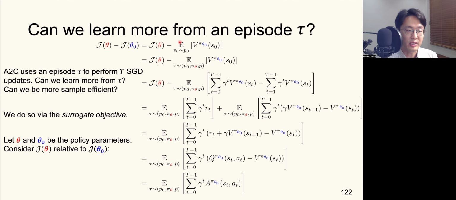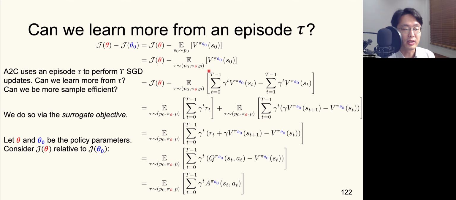Now, let's go back to where this all started. Here we had the expectation with respect to the initial state of V pi theta 0. Here we had pi theta 0, and we had to plug in the initial state. Now, the initial state is just the initial state. It's sampled from P0. So it really doesn't matter what kind of policy we're using to generate the entire trajectory within this expectation. But for reasons that we will see soon, to make things work out later, we will have this expectation be with respect to a trajectory generated by pi theta rather than pi theta 0.